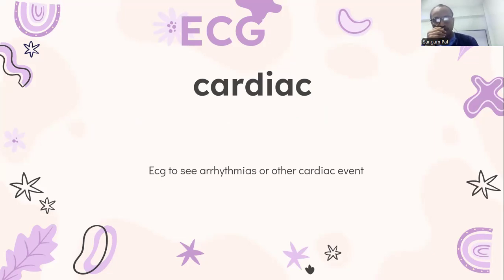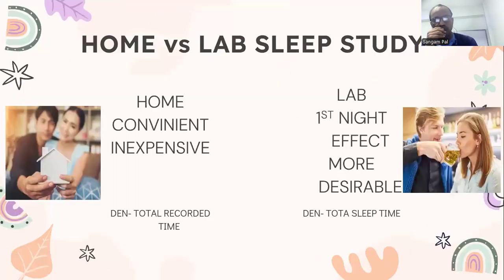To summarize, one more thing I just want to let you know: the lab based study, the type 1 or level 1 study, is the gold standard. But home based sleep studies also can be done.